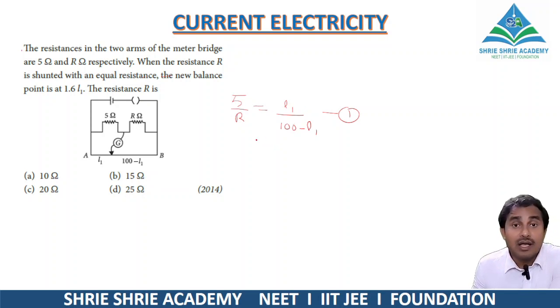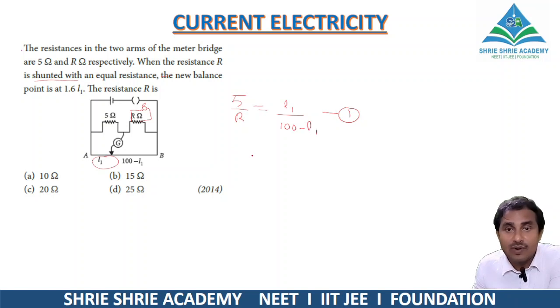What this says is that another resistance is connected in parallel to this R. So he is saying when the resistance R is connected with an equal resistance in parallel, the new balancing point is 1.6 L1. So this L1 becomes 1.6 L1.